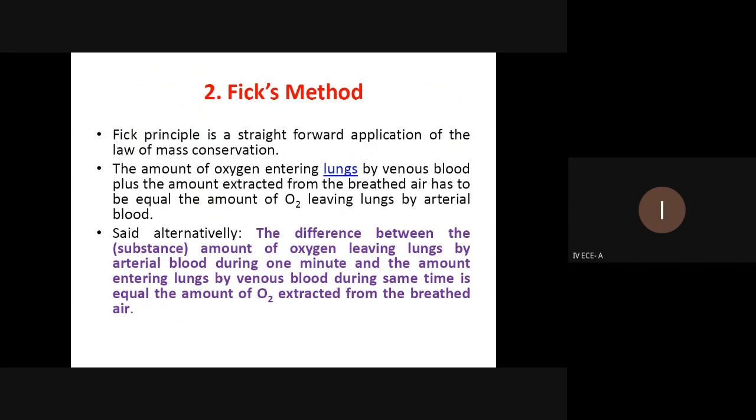Otherwise, the difference between the amount of oxygen leaving the lungs by arterial blood during 1 minute and the amount entering by venous blood during the same time is equal to the amount of oxygen extracted from the breathed air. So this is the exact Fick method.